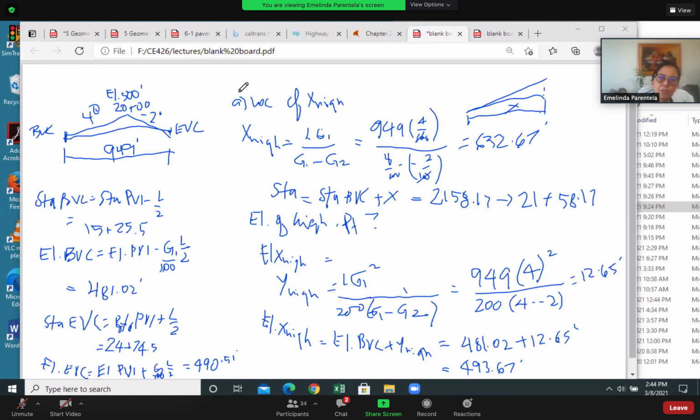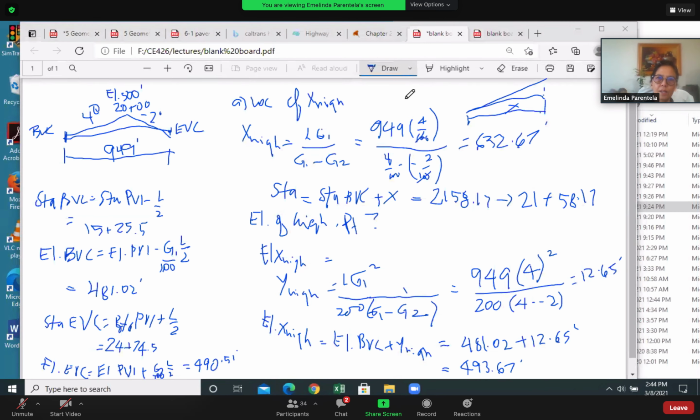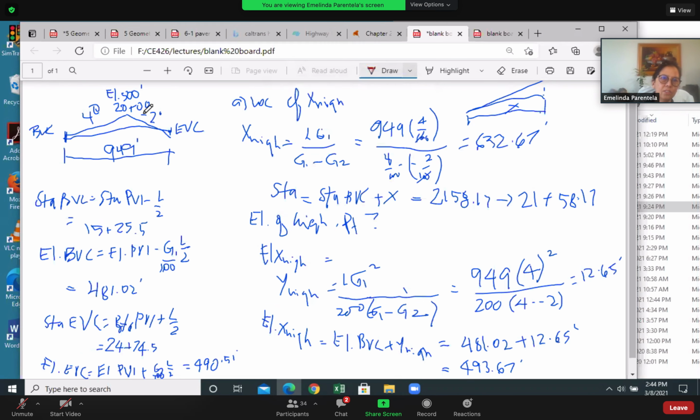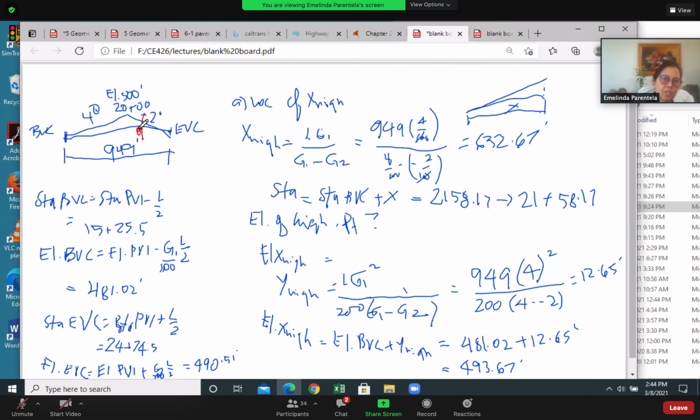So the highest point is on the right-hand side of the BVC. So somewhere here is your highest point. It's at 21 plus 58.17.